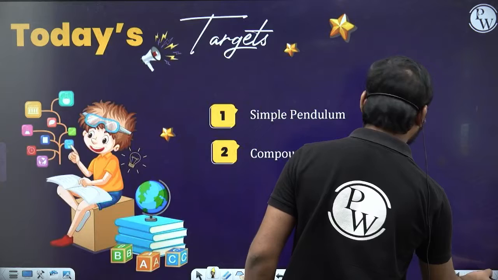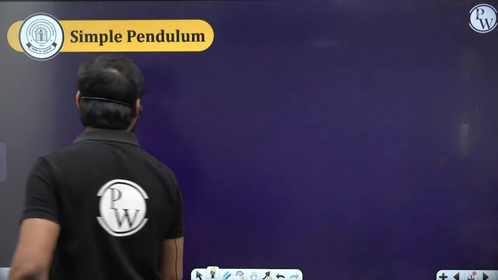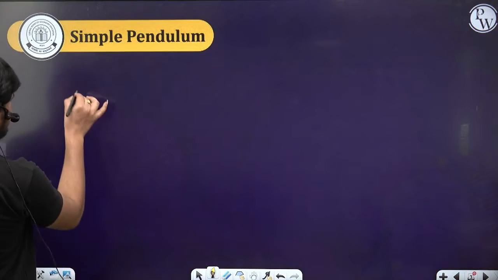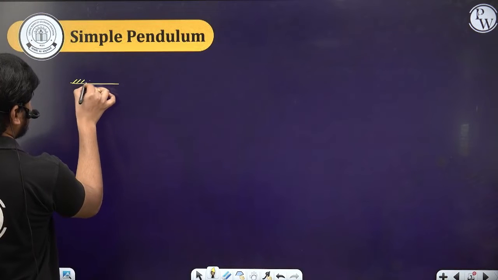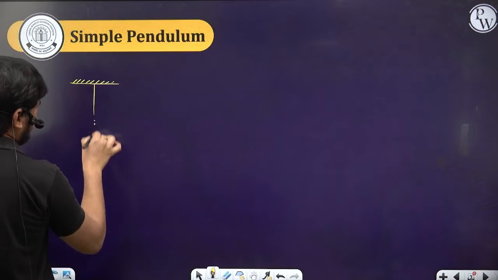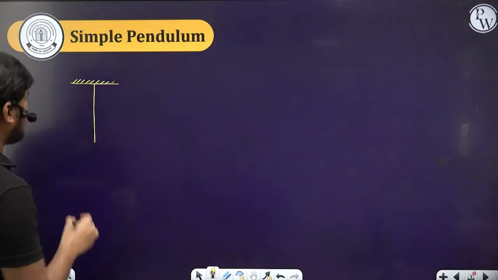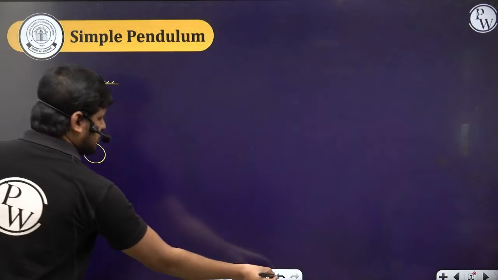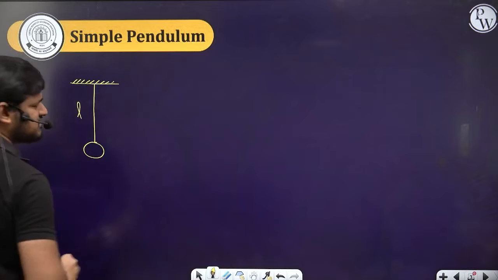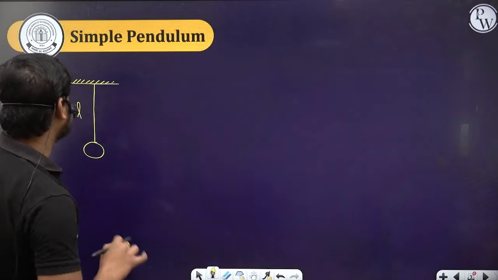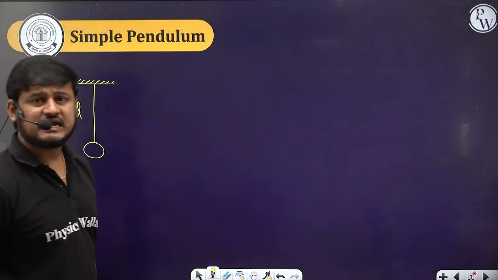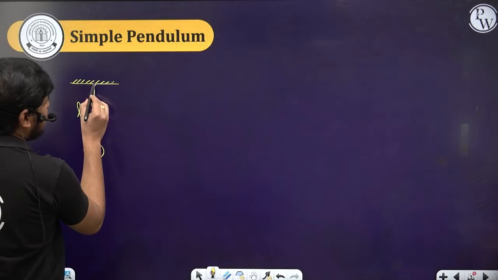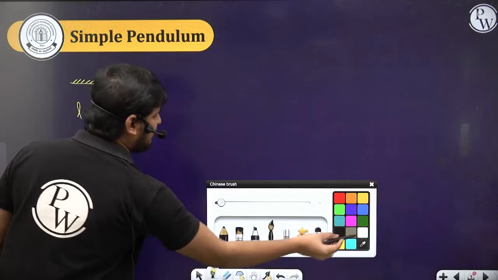The first one, simple pendulum. You all know that in the simple pendulum there will be some fixed end, the length of the string will be L, and there is a bob of some small mass m. The length of the pendulum is calculated from the fixed end to the center of the bob.